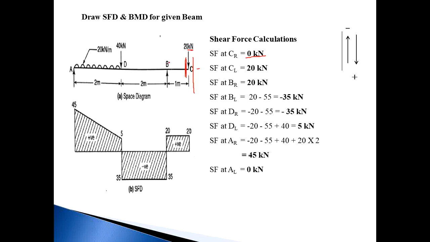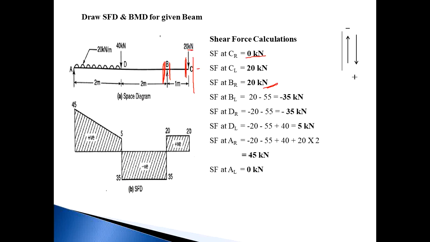Then next, come to point B and mark a section just right of point B and consider the right side of the section. The number of forces on the right side is 1, that is 20 kilonewton, and it remains as it is for BR. Then next, mark a section just left of B and consider the right side of the section.